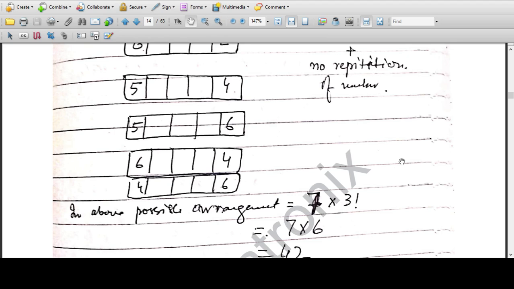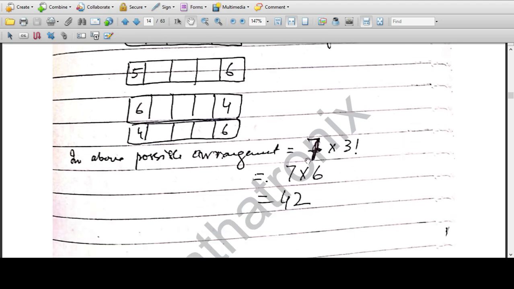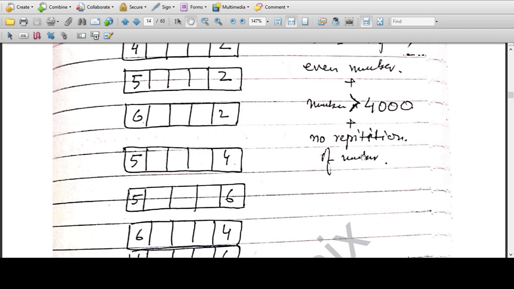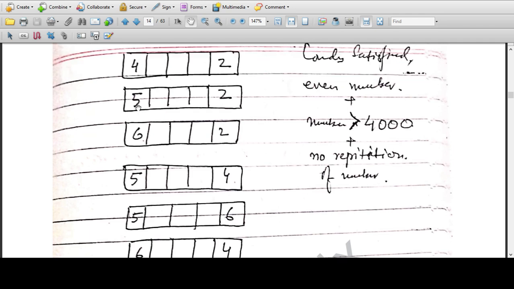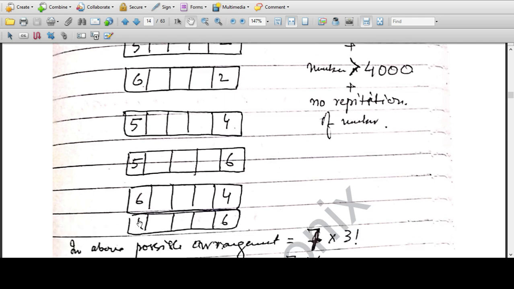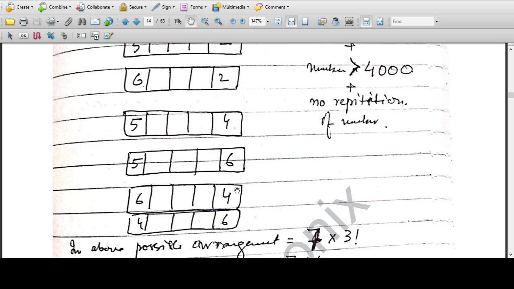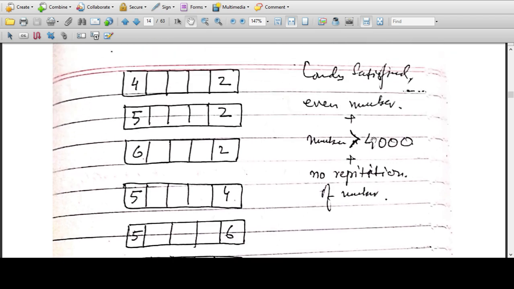So there is no repetition. In the above possible arrangements, there are 7 possibilities. So we have this 7 possibilities.